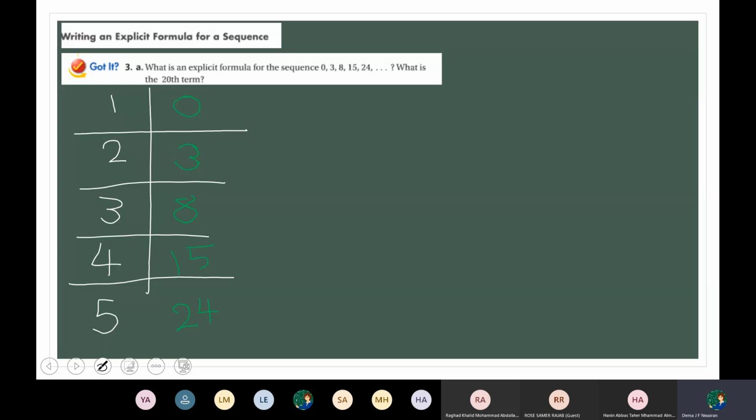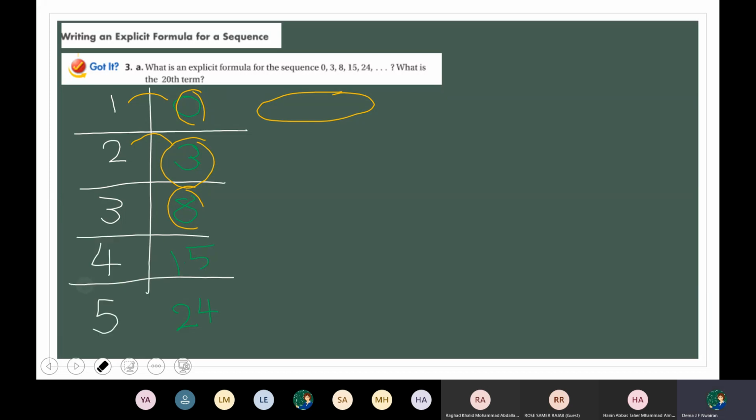In the recursive, I have just found the relation between the 3 and 0 and between the 3 and 8. For the explicit, no. I need to find the relation between 0 and 1, and it must be fixed, and help me to find the relation between 3 and 2 and between 8 and 3.